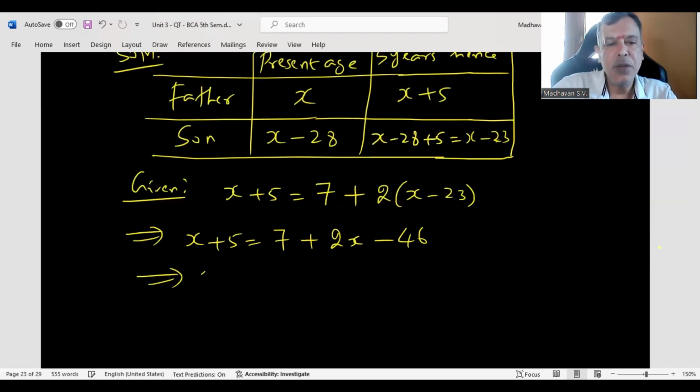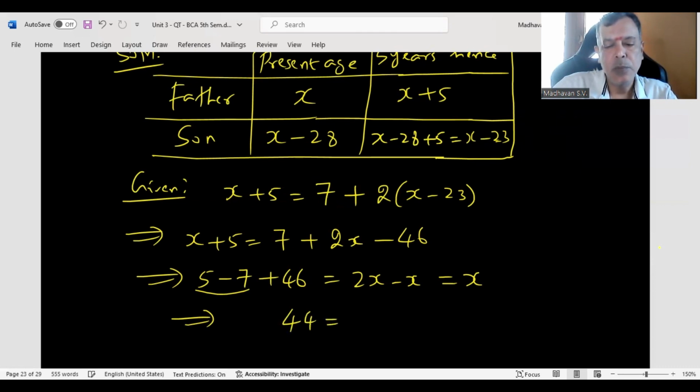Now bring all the numbers to the left hand side. 5 minus 7 plus 46 equal to 2x minus x. 2x minus x is x. Here, this is negative 2. 46 minus 2 becomes 44. This is father's present age.